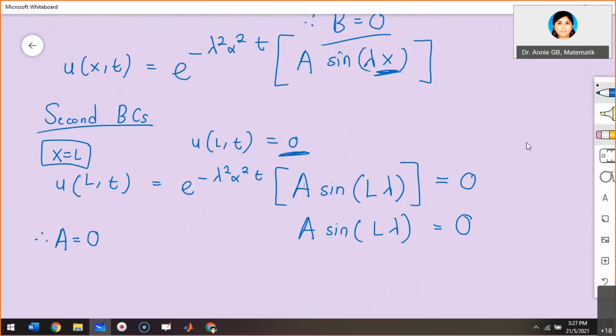Hafiz. Okey, Hafiz kenapa tak boleh? Hafiz, come on. Tell me something. Why you think you cannot have A sama dengan 0? Macam saya yang sangat shock menulis, bercakap kan? Ha.